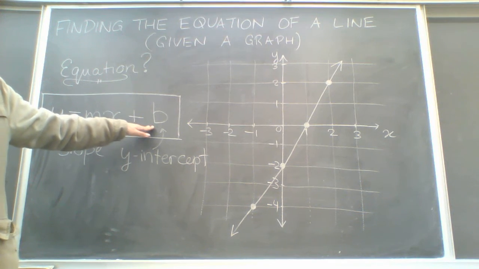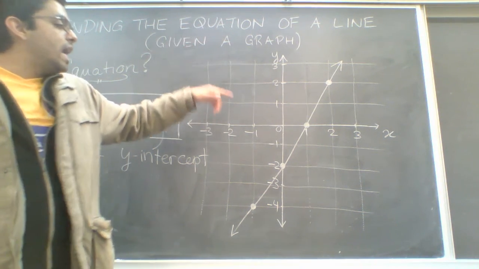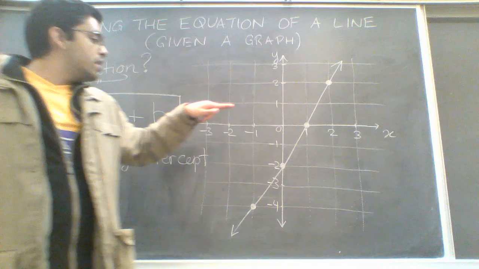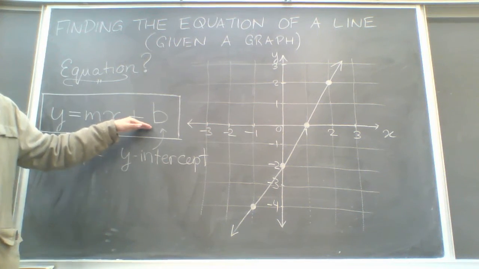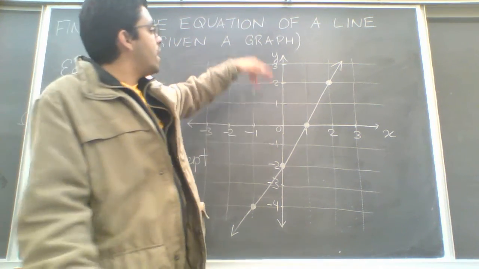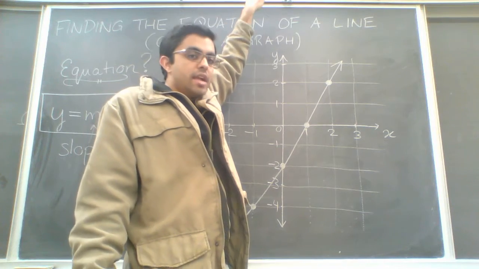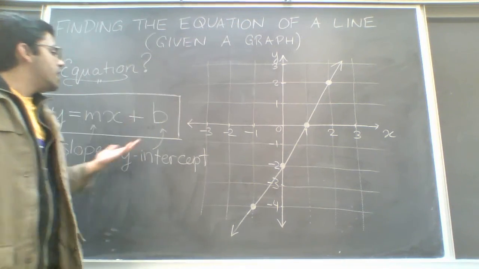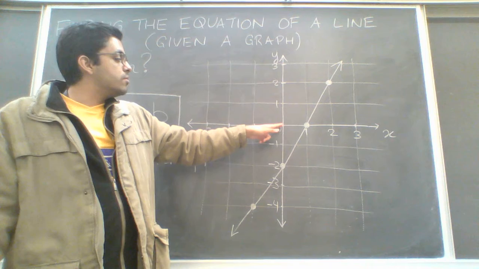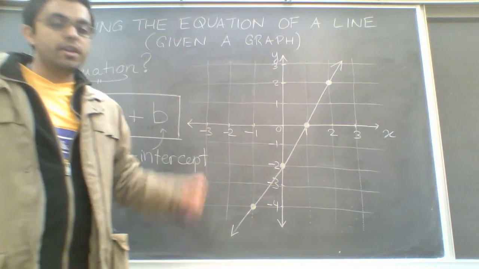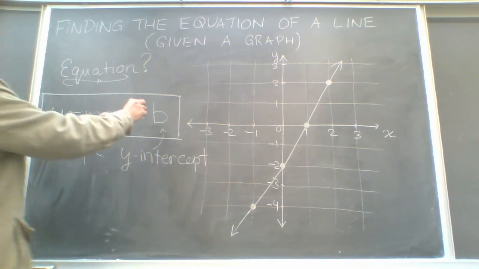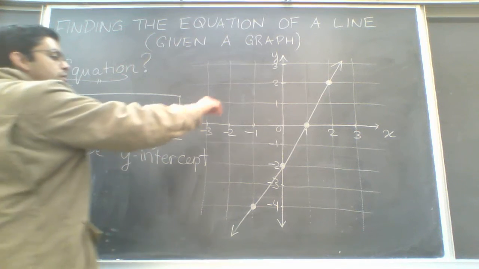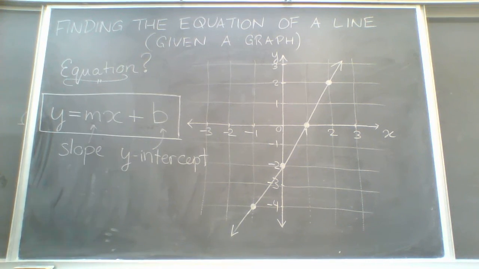So if this number was 0, we don't move on the y-axis, we plot a point at 0. If we had plus 7, then we would look on the y-axis for plus 7, and we would put a point there. If we have minus 1, we'd go from 0 down to minus 1 and plot our point there. So if we knew the value of b, we could figure out where on the axis it goes.